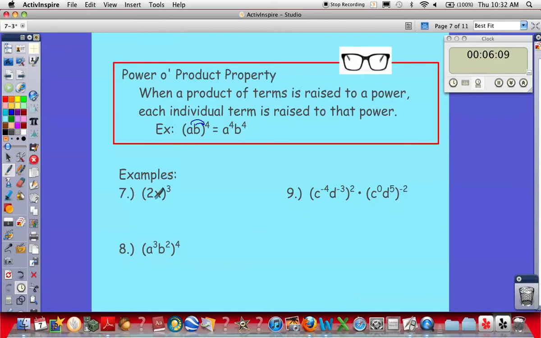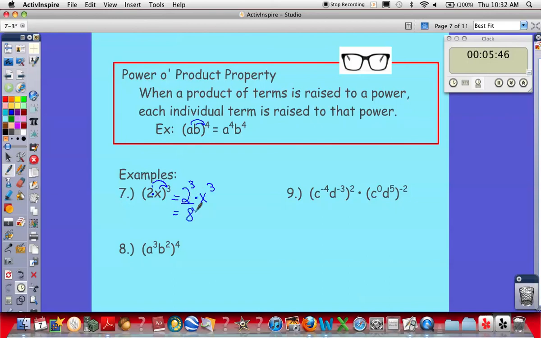So here we have 2 things multiplied in front of here. 2 is really raised to the first power. X is really raised to the first power. So we need to distribute our cube in there. So 1 times 3, because remember distribution you're multiplying, is 2 cubed times x cubed. Now we need to expand our 2 cubed.